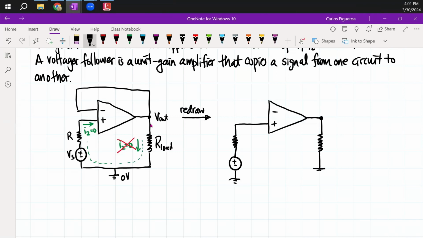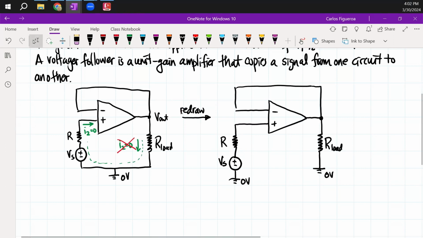But even though they have the same ground, they don't have the same currents. So the load has a different current than this resistor R. You could see that because of the open here, and it's the sources that are really at fault here. Then if I redraw this, my feedback line comes all the way up to here, and it looks like this.